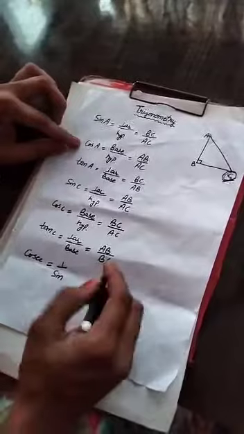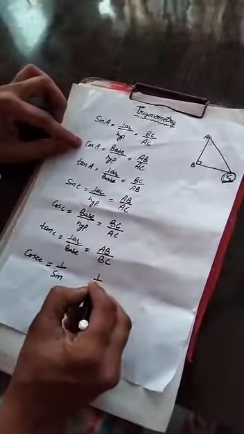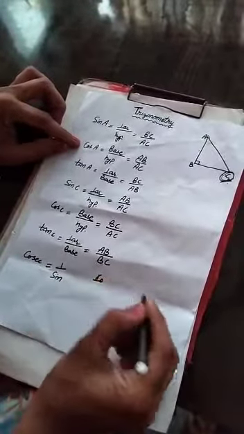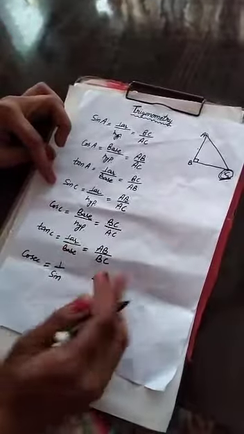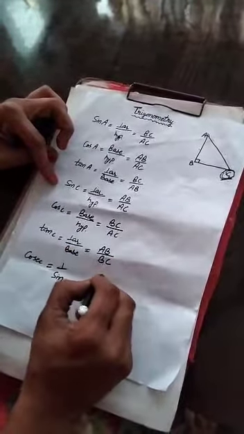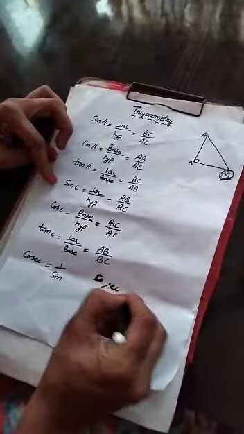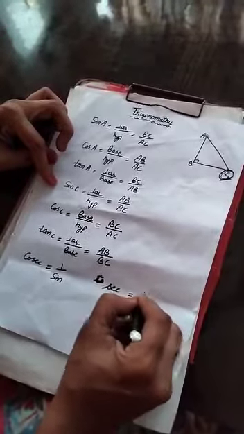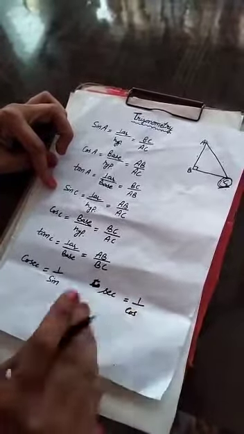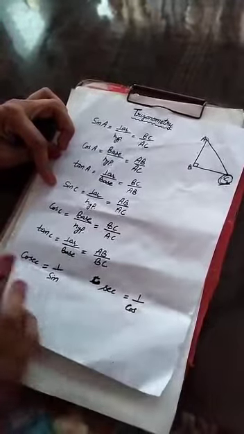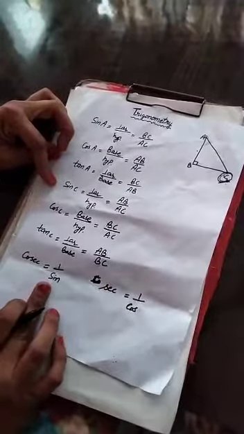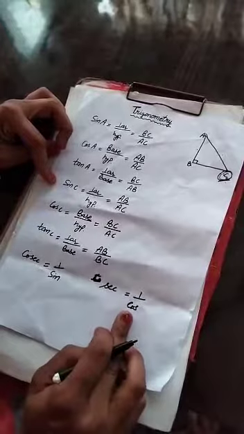And if we talk about sec, sec angle is opposite of cos angle. Okay. The cosec is opposite of sine and sec is opposite of cos.